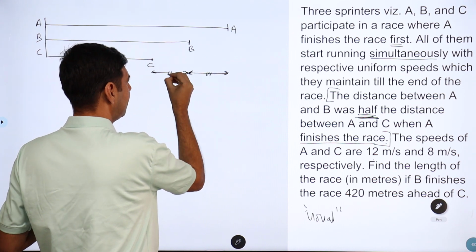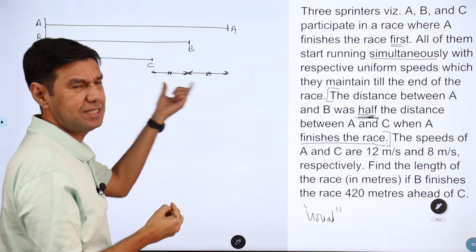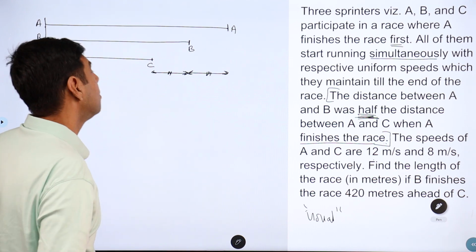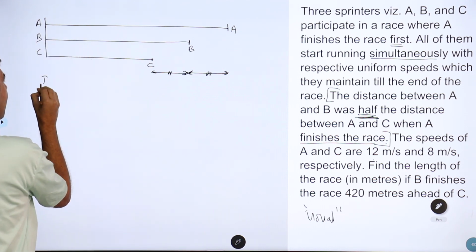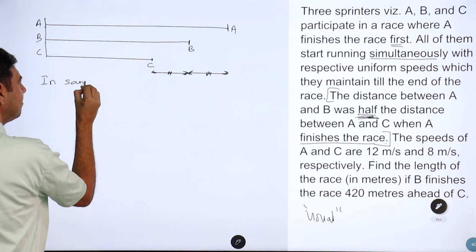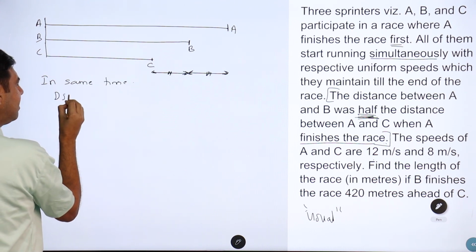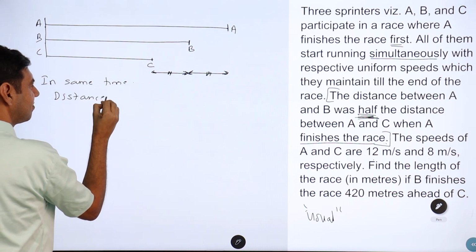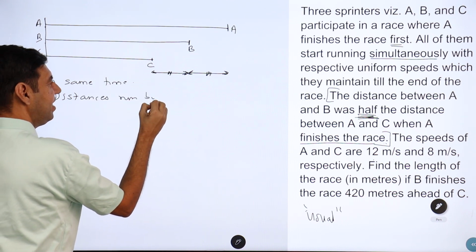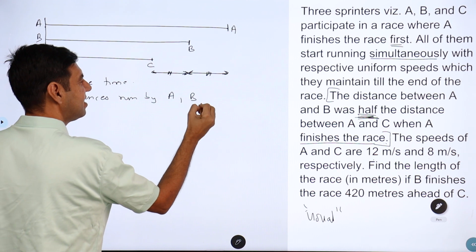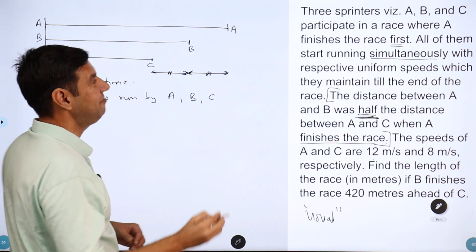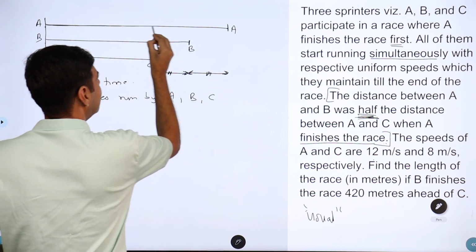So again, it's not very difficult to understand that these are equal. So what is this? In the same time, the distances run by A, B and C. I'm still giving you time to think, okay? Distances run.